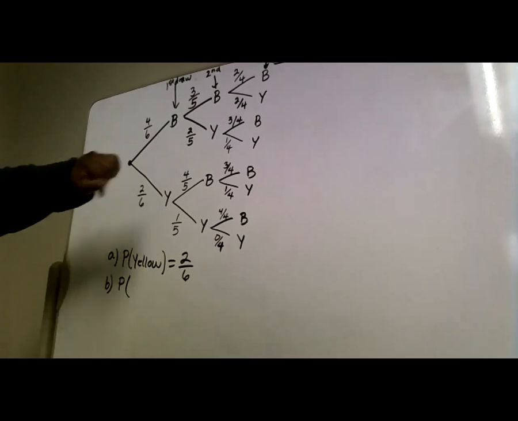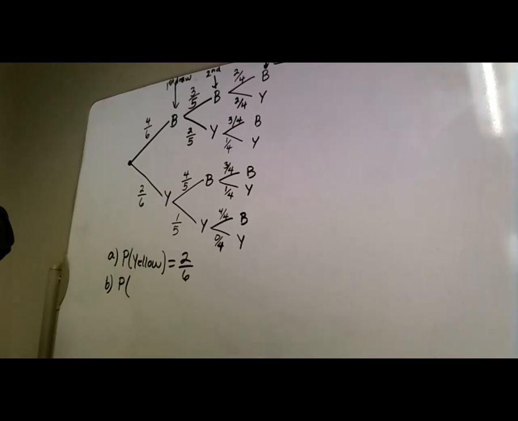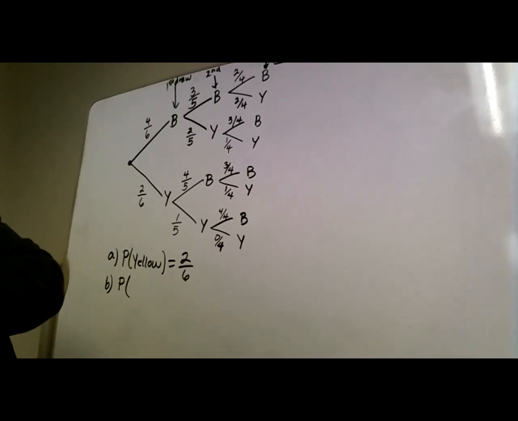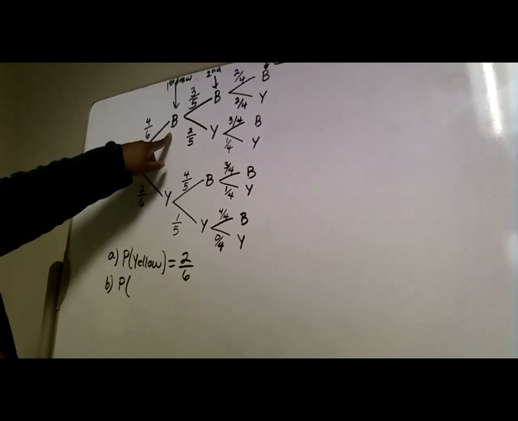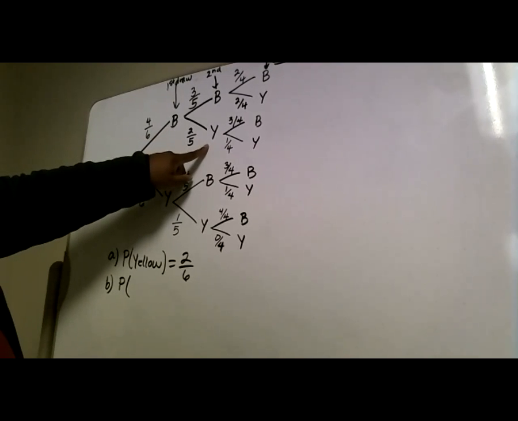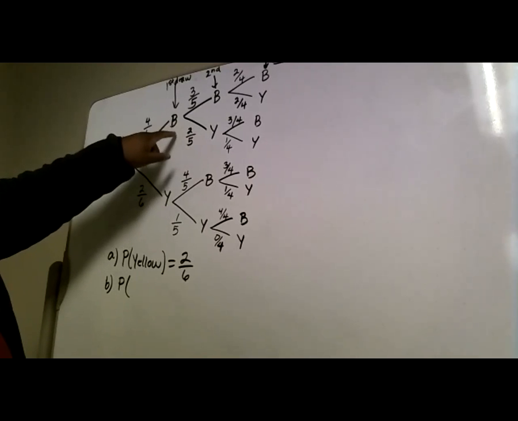So we need to find out the ways that we can get a second marble to get a yellow marble. Okay, and that would be this one right here, the blue and the yellow. That's this one right here.